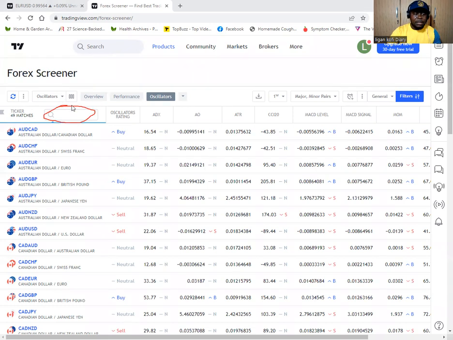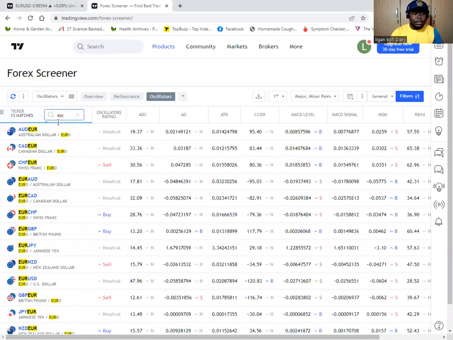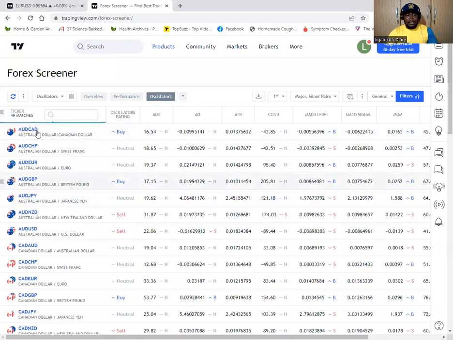For instance, if you want to screen only euro pairs, you bring euro, and it brings the euro pairs, and you can look at what they are saying. But for now, I want to look at the general ones, 49.